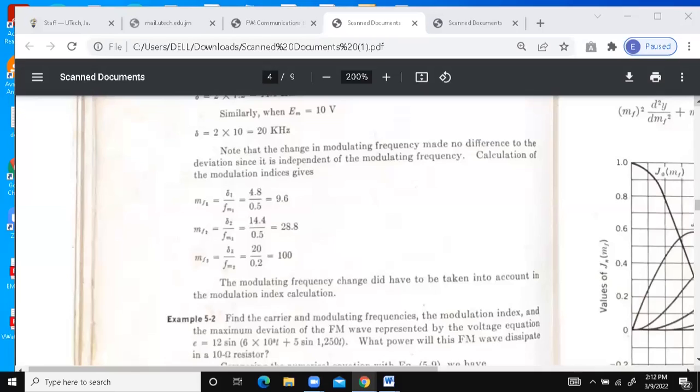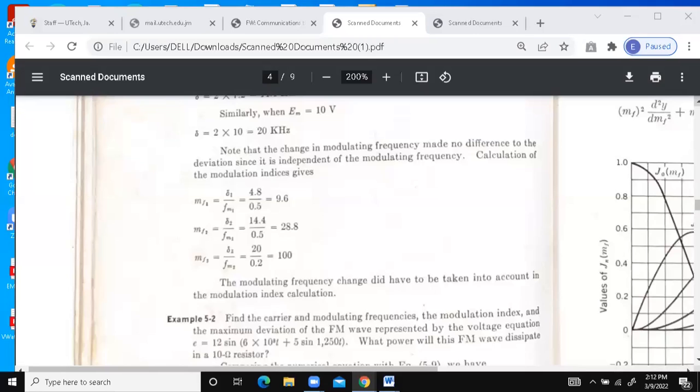Some have advantages over others, like amplitude, frequency, phase. Whether it's video or audio or something else, you can use any one of the modulation techniques.